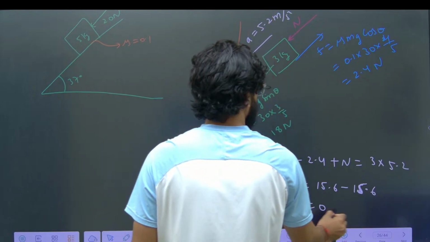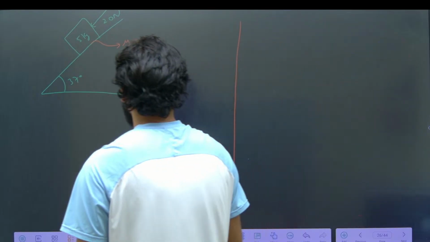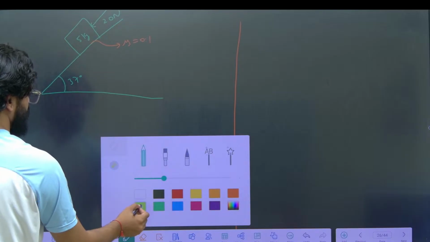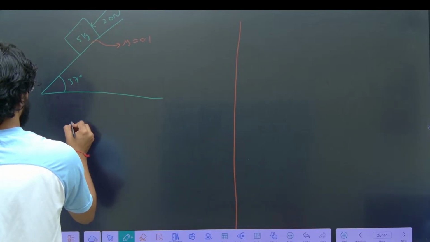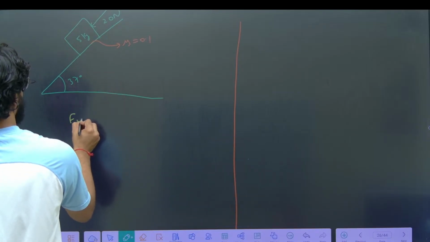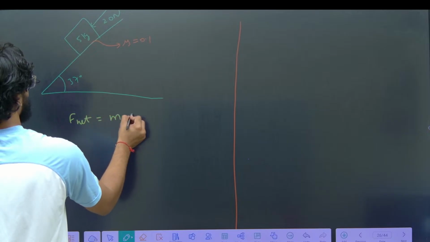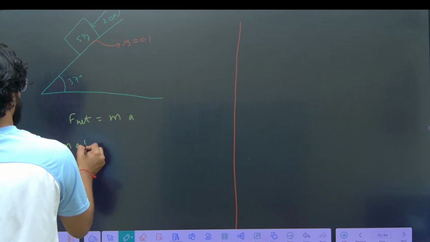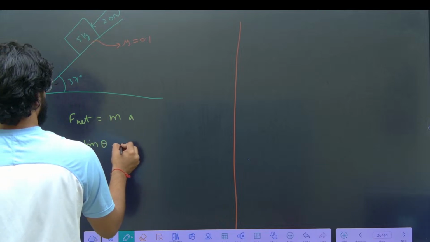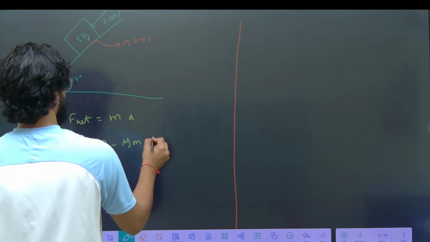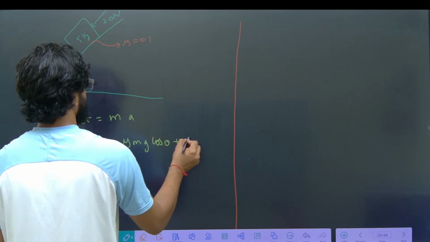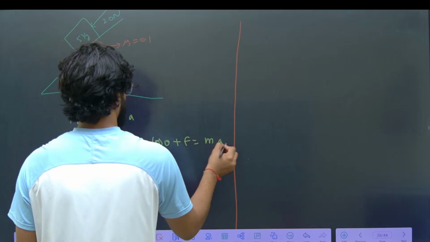No worries. Okay, so we can write F net equals ma: mg sine theta minus mu mg cos theta plus F equals ma.